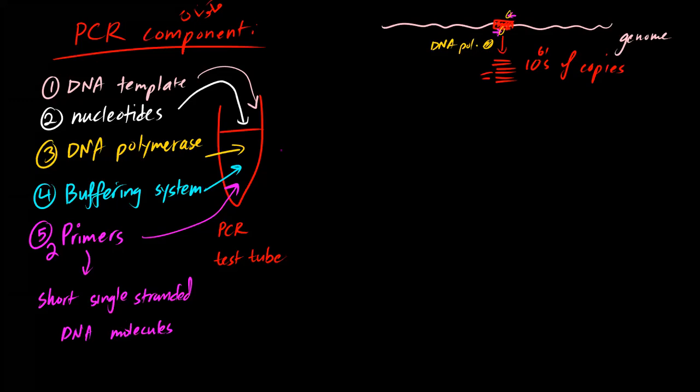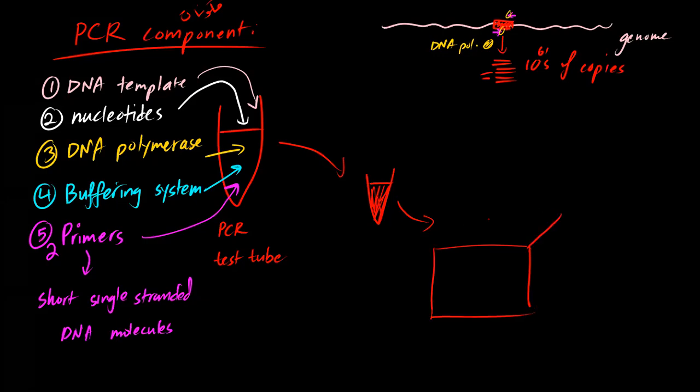And then after we mix all these components, we take the tube and put it inside the PCR machine. So the tube will be inside the machine like this.